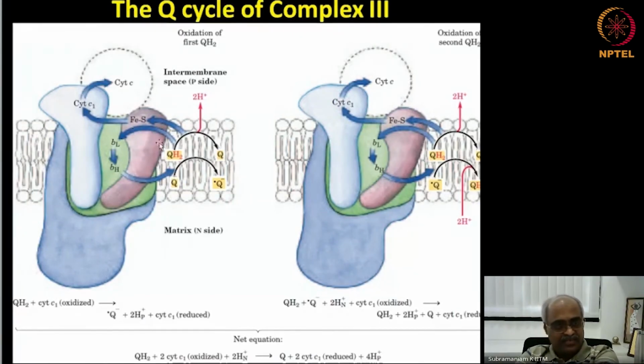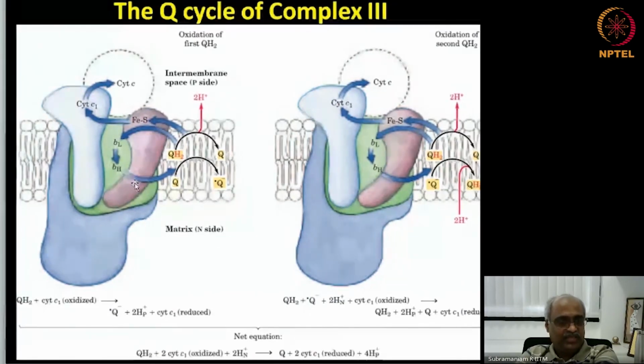The other electron from this QH2 is transferred to the two heme moieties within cytochrome B and back to an oxidized ubiquinone. In this process, QH2 having donated the two electrons has become Q, fully oxidized. And this one electron that came back reduces a ubiquinone to a semiquinone radical. So this is the first step of the cycle.